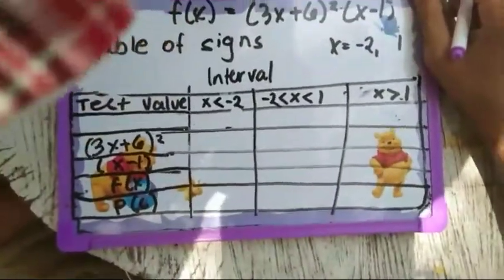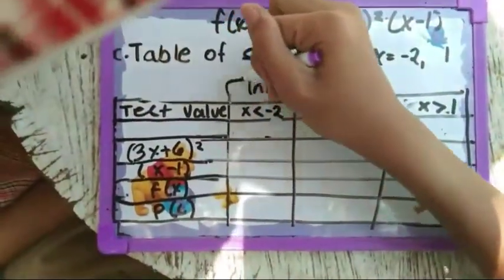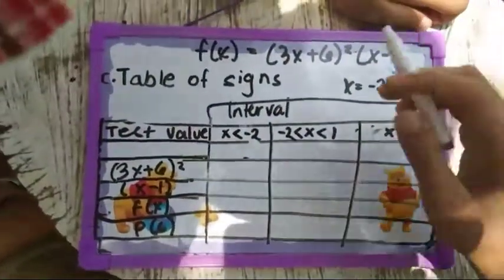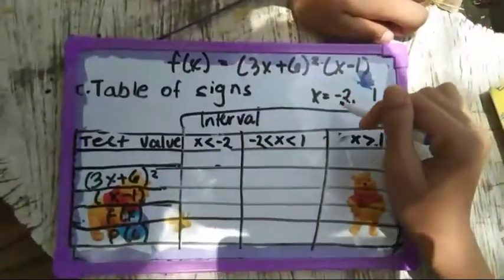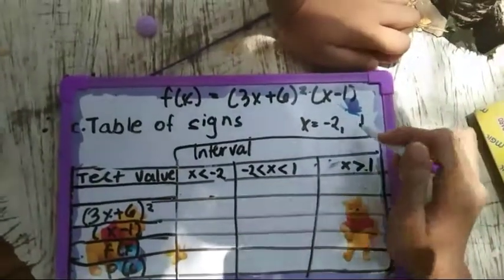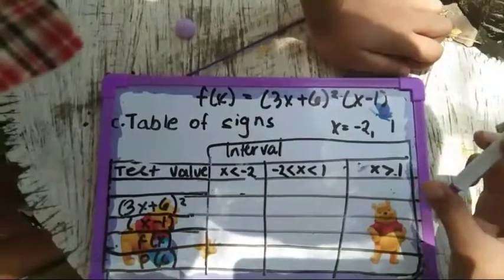For the third part, we are now going to solve for the table of signs. Like we did a while ago, we are going to place our intervals, which are based on the values of our x. So our least interval is negative 2. So x must be less than negative 2. Next, we have 1, the greatest x.